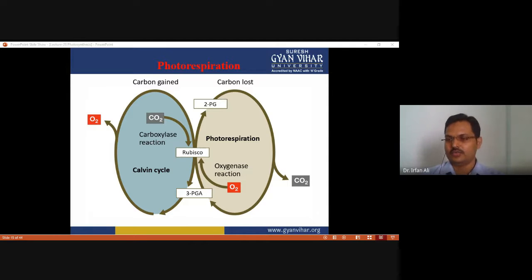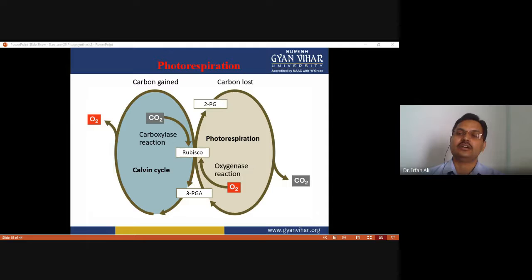So both carbon dioxide and oxygen are present around the RuBP, Rubisco, ribulose bisphosphate carboxylase. We have already discussed that this enzyme can fix carbon dioxide. If this enzyme fixes the carbon dioxide, the sugar molecules are produced, and this is called carbon fixation. And at the same time, there is also the presence of oxygen around the Rubisco.